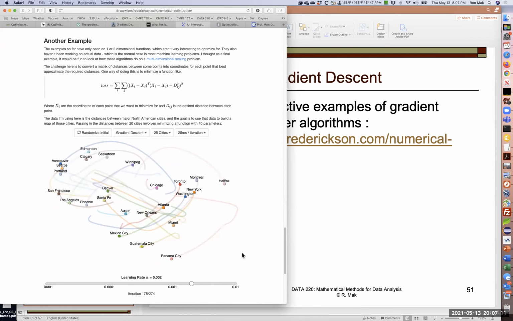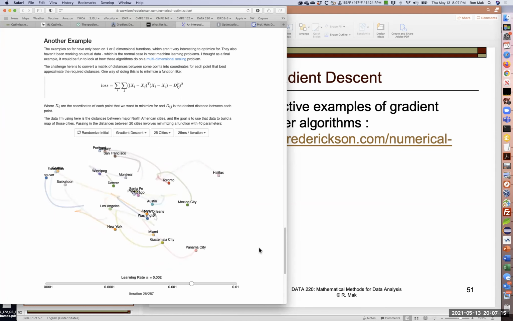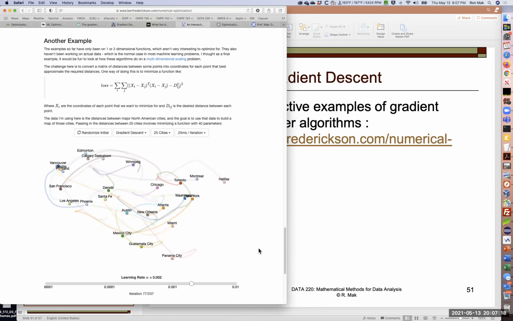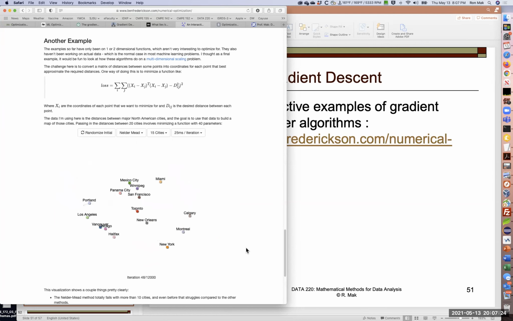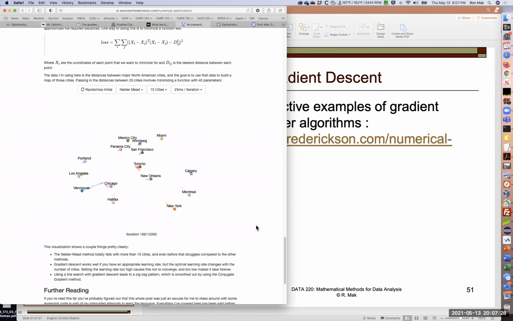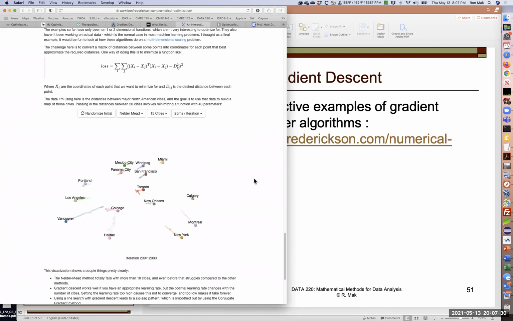Okay, looks like it made it, but it took a while. Okay, and we're not even going to think that Nelder-Mead has any hope of doing this. Yeah, okay, so forget Nelder-Mead for this one.